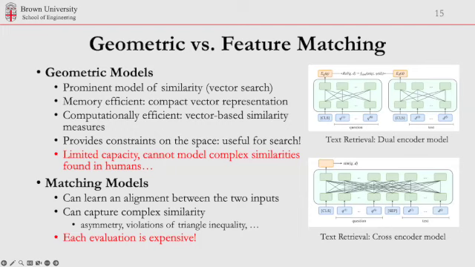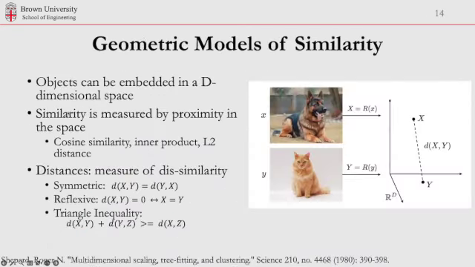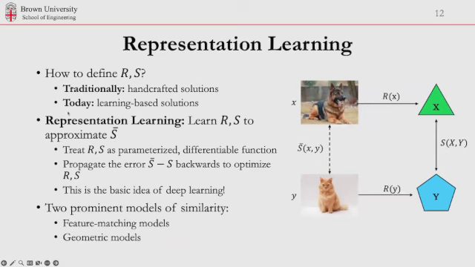It's important that you stick with the measure they're trained with. If you remember, with representation learning, I said we're propagating the error backwards. So if they fix the similarity function as the inner product, then we have to stick with that inner product when we're computing similarity down the line.